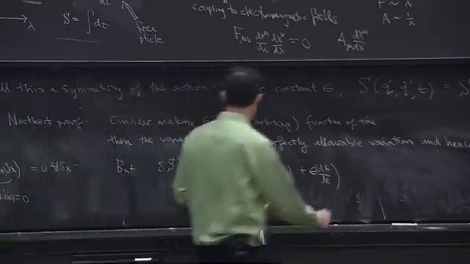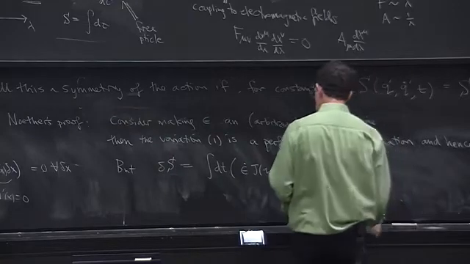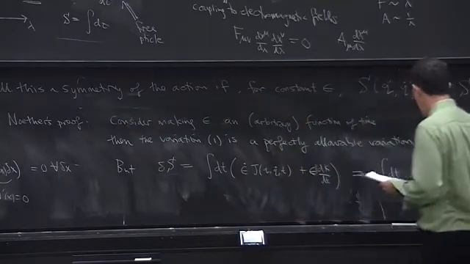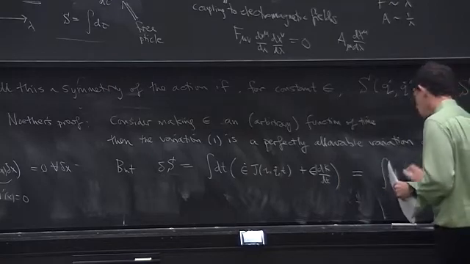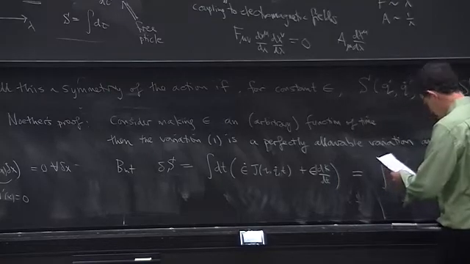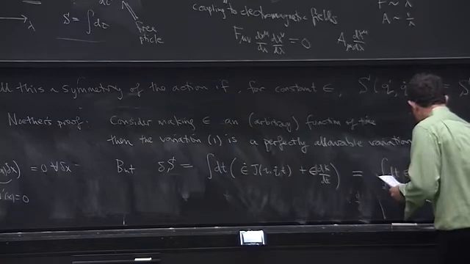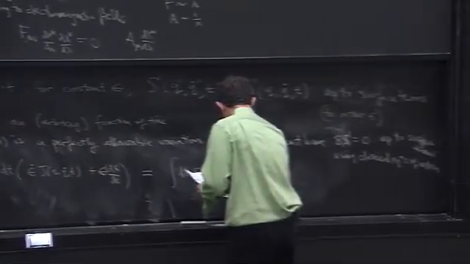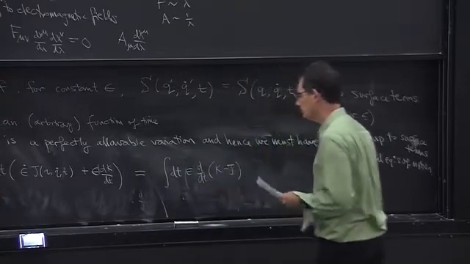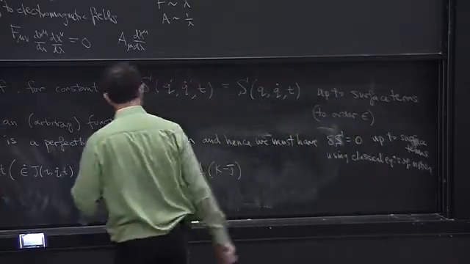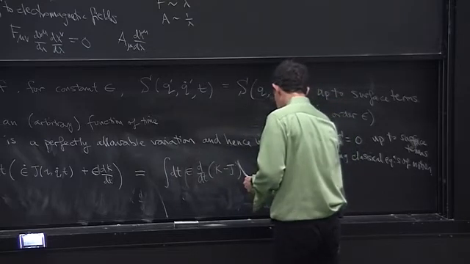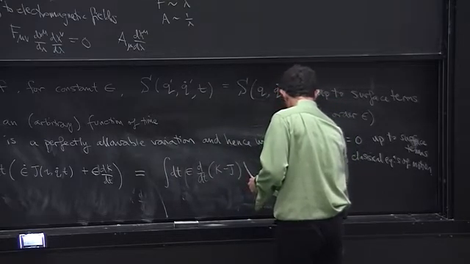Now, it follows from this that this is equal to integral dt, just integrating by parts, epsilon d by dt of k minus j, right? Just integrated the first term by parts, plus surface terms.